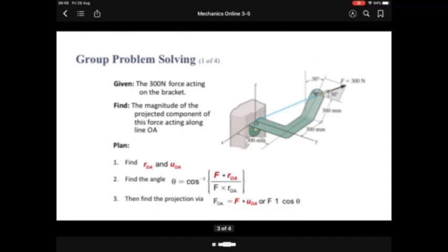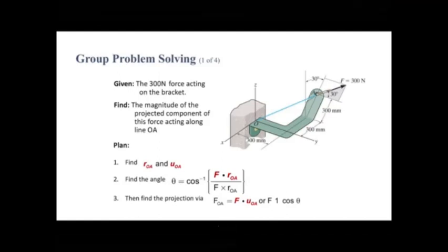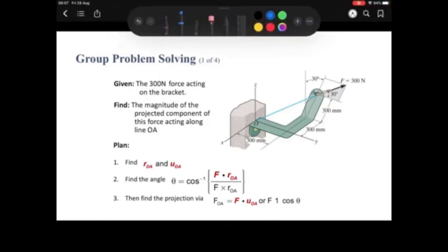So let's see this question. They give you a 300 force acting on the bracket. Find the magnitude of the projected component of this force acting along the line OA. So it means we want to find the projected component, for which I would like to use the dot product of F and the unit vector of OA.